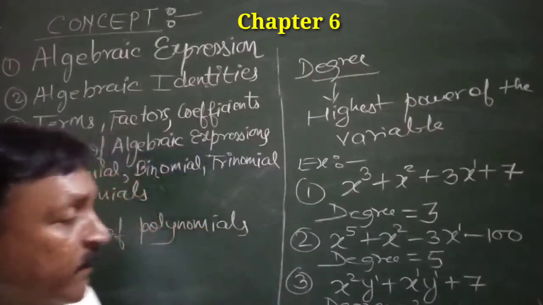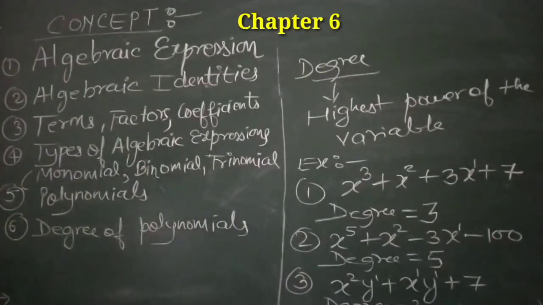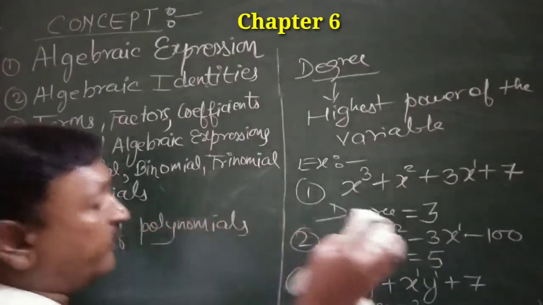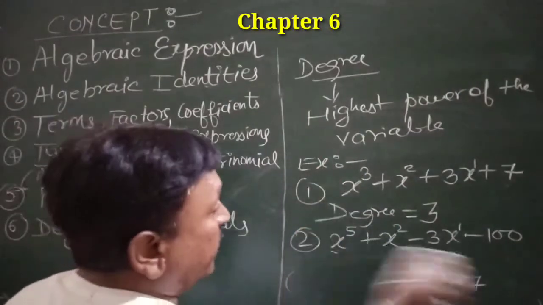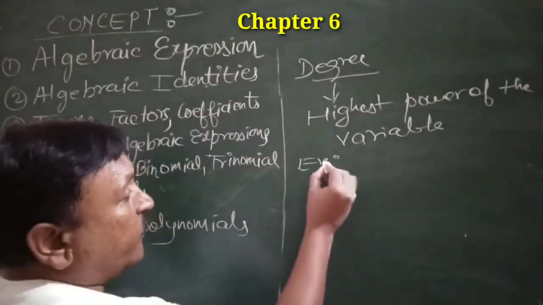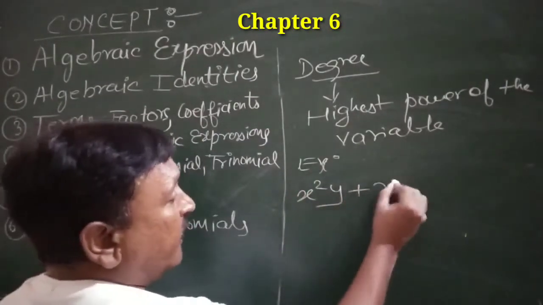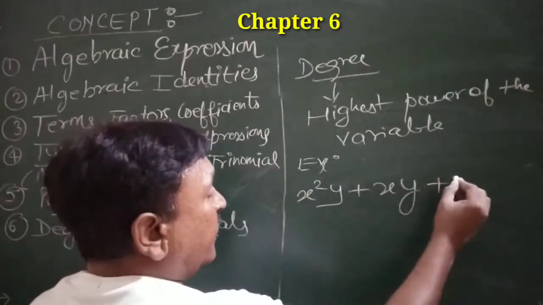So always keep this in mind. I will explain this example again, as it is not coming in the video. Suppose an expression is in two variables, x square y plus xy plus 7.